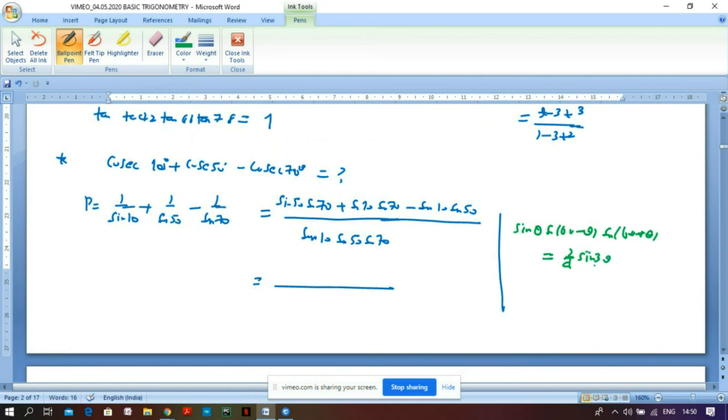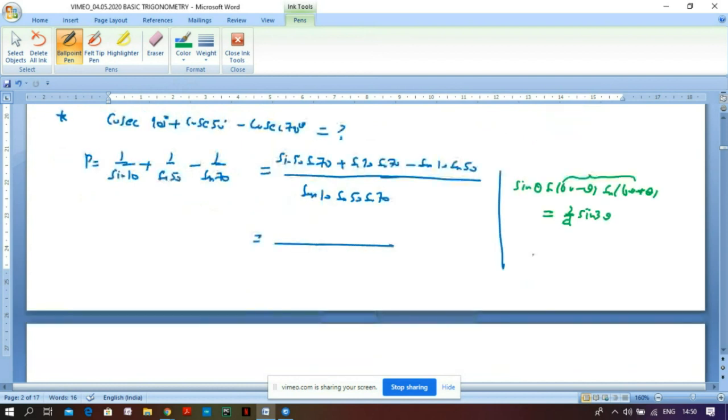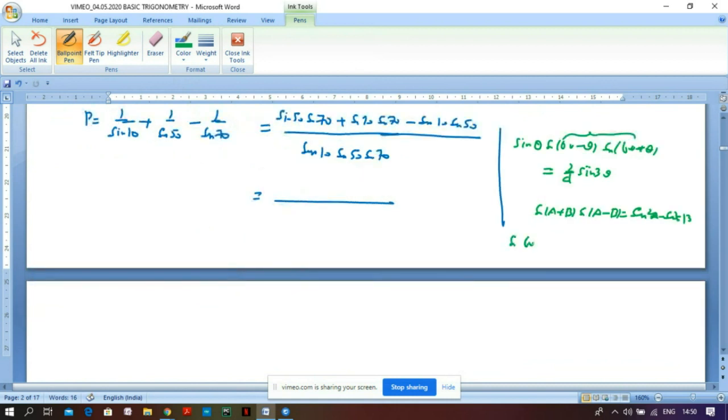Let's check it. This is a one line derivation based on another identity, sine A plus B. So if you recall that sine A plus B times sine A minus B is sine square A minus sine square B, let's see what it gives. Applied to this result, sine of 60 plus theta, sine of 60 minus theta, that will be sine square 60 minus sine square theta, that is 3 over 4 minus sine square theta.